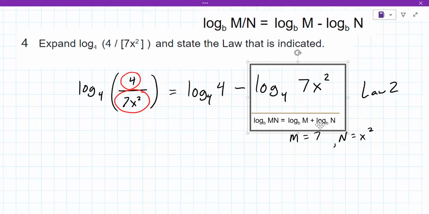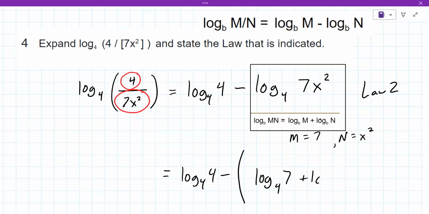What about this other log here? You have to have 2 logs. So it'd be like log base 4 of 7 plus log base 4 of x squared. Yes, exactly. Very good. This becomes log base 4 of 4, we're just bringing that down, minus log base 4 of 7 plus log base 4 of x squared.